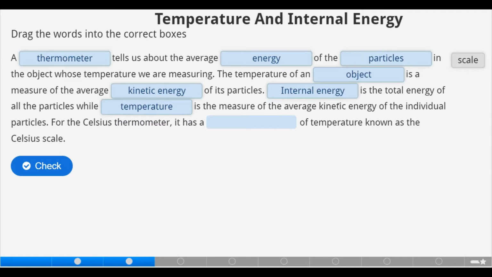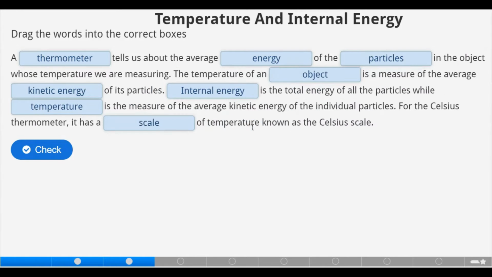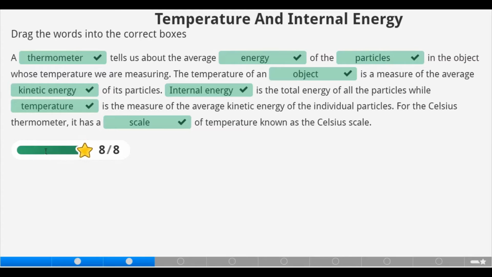The Celsius thermometer has a scale of temperature known as the Celsius scale. So let's check. That's correct.